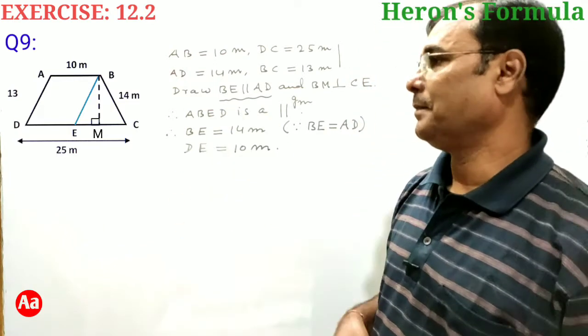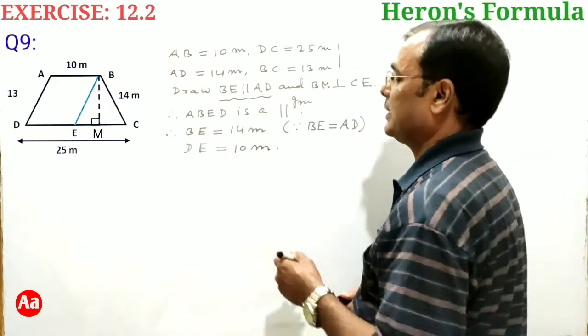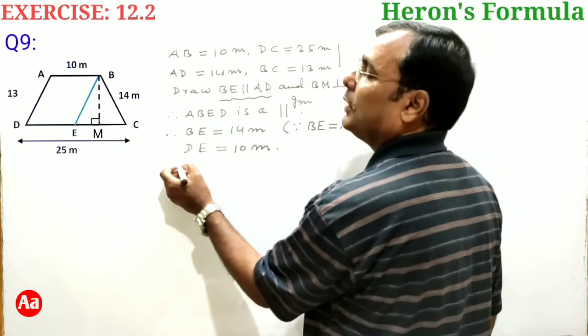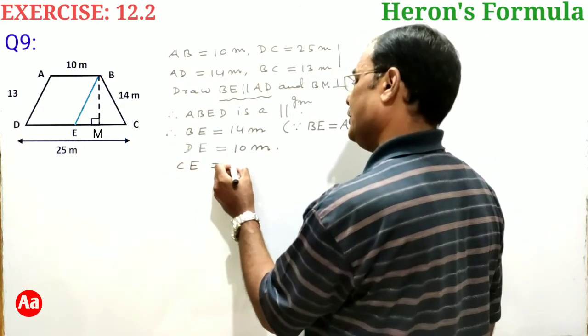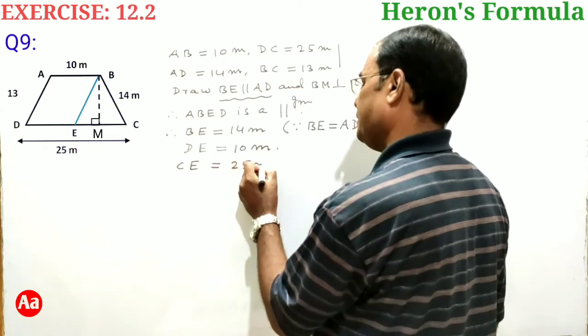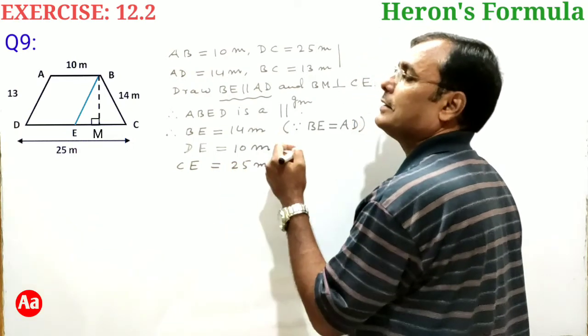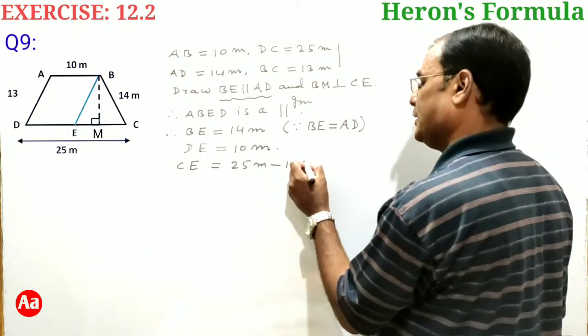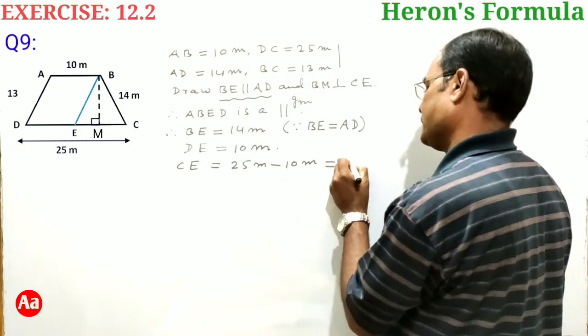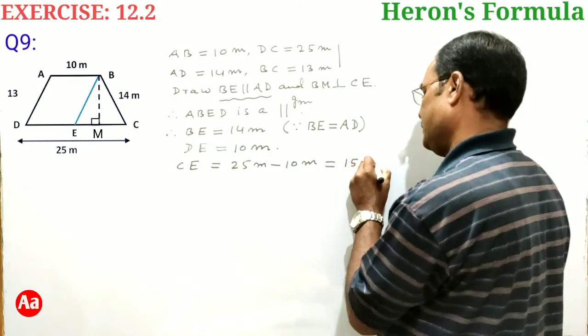So DE is 10 meter. So what will be CE? CE will be 25 meter, that is DC minus DE 10 meter, so it is 15 meter.